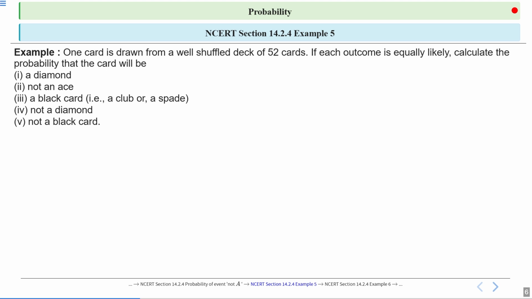Or the probability that the card will be not a diamond card. And then calculate the probability that the card will be not a black card. Clear? So students, how would you approach this example? Think about it. Which concept can we use here to solve this example?